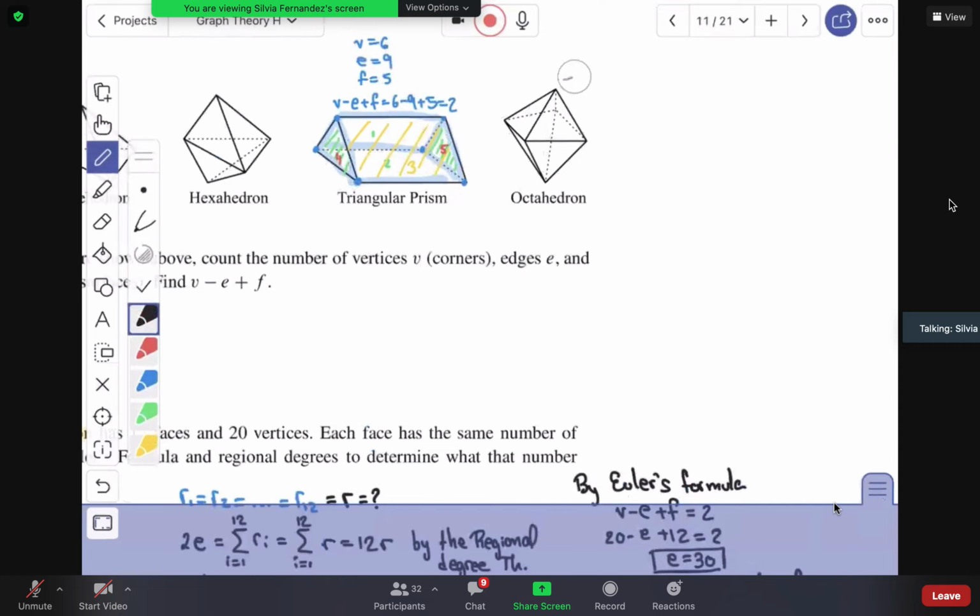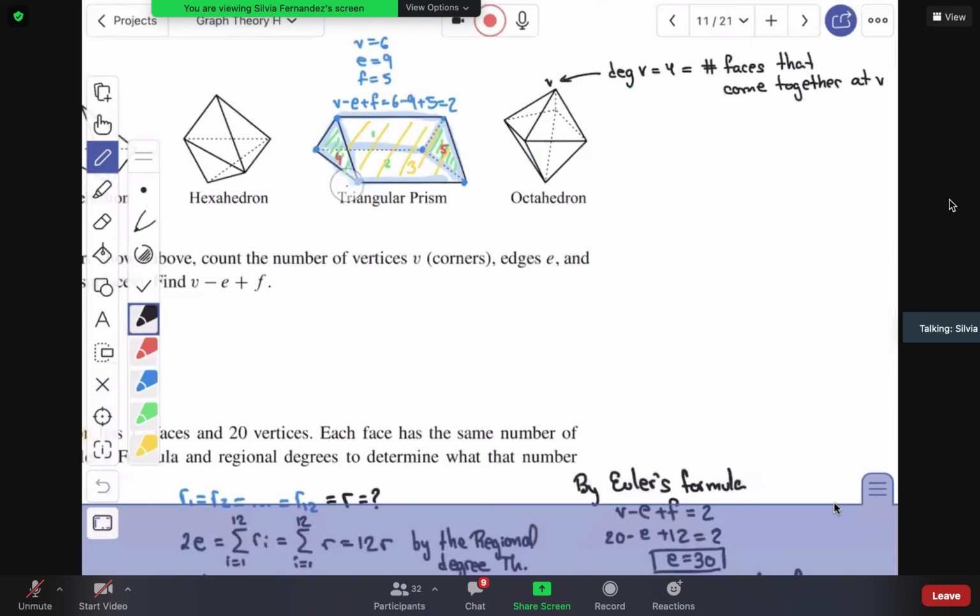So this is the degree of the vertex. Let's say this is V. The degree of V is 4, and this is also the number of faces that come together at V. So they're actually giving you degrees of vertices.